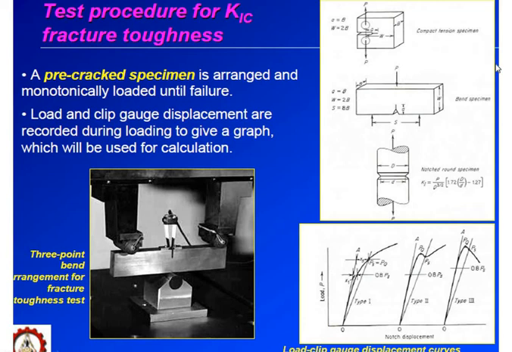In the bend specimen, this is how we have arranged it for the bend test. You can see that we have placed the specimen such that the notch is facing the top side, and it is a 3-point bend arrangement. Why do we call it a 3-point bend arrangement? You can see 3 rollers are placed.